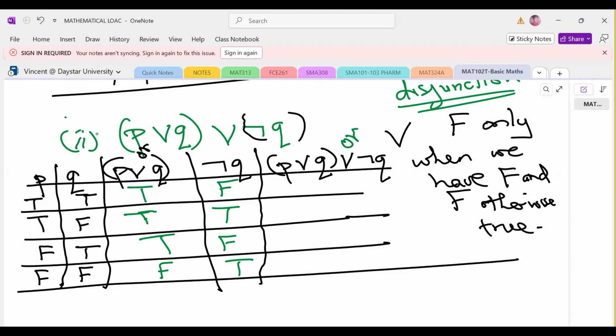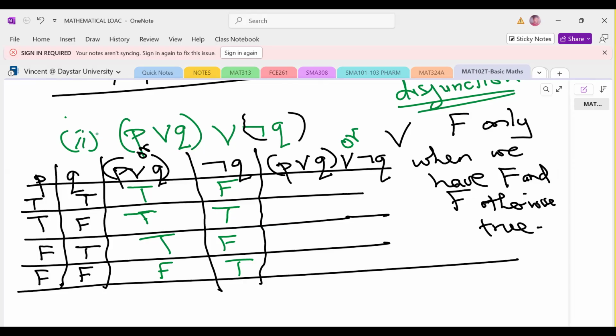You see this last one here, you have the answer for this bracket. Now you have the value for the column for not Q. So what is happening here is that we are just connecting these two columns using OR.